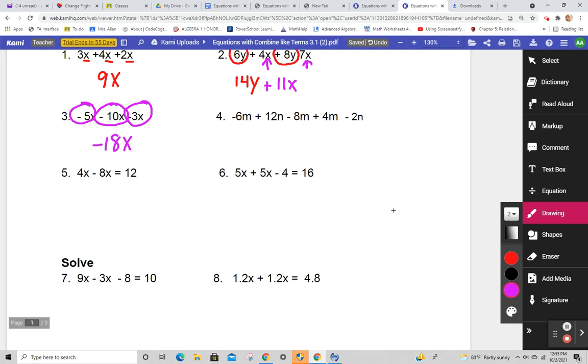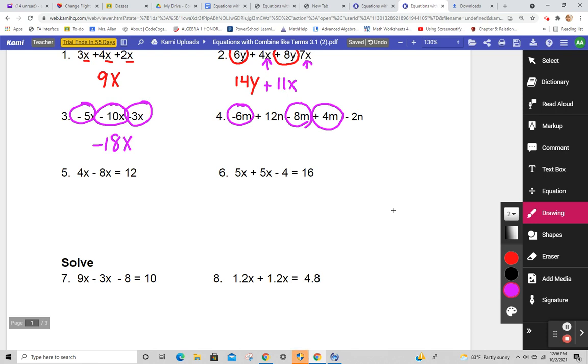All right, so we have a mixture here. So I'll circle the first group of like terms. Okay, every term that has m to the first, I've circled it. Now we can combine those. Okay, so negative 6m and negative 8m, that's negative 14m.